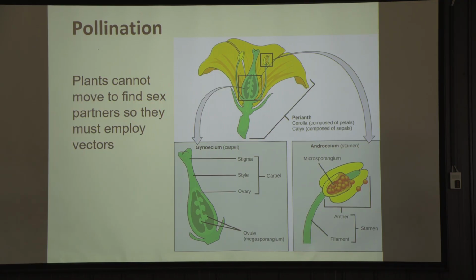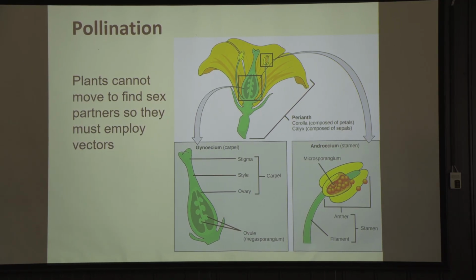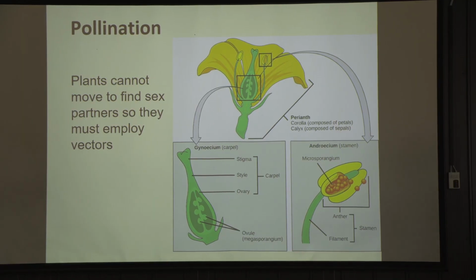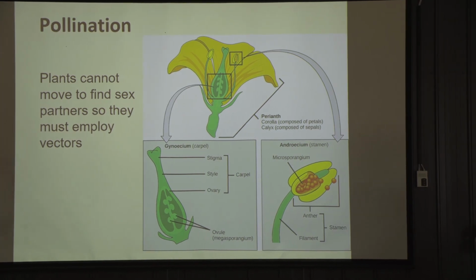It creates a diploid, which means it's got two sets of chromosomes, one from the dad, if you like, one from the mum. And so every seed is a potential new genetic mix. So that's basically what sex is all about. It's about getting genetic diversity into the next generation.